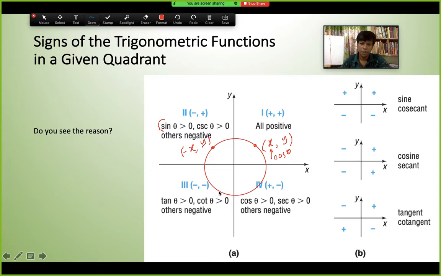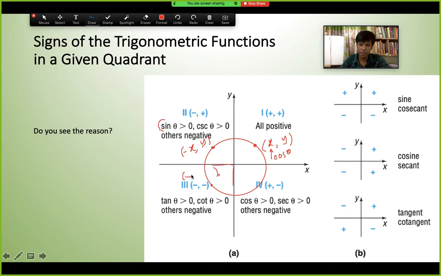Now in this box, think about it. What will be the coordinate of x and y in this box? Suppose I write some point here. What will be the sign of the x and y in this box? This box is negative x and negative y.